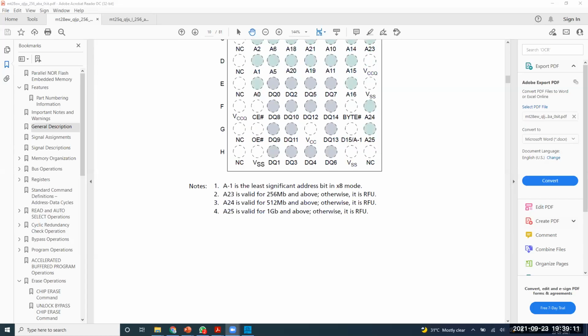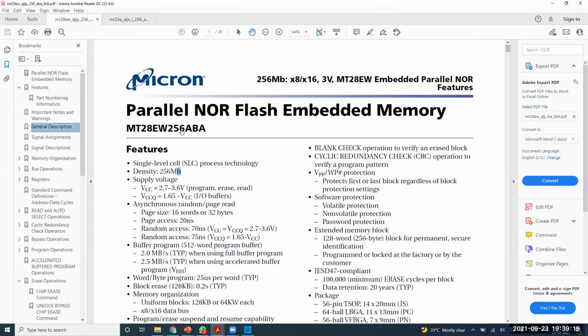In our data sheet, if you go to the first page, this size is 256 megabit. That means the size is 256 megabit. Why they have done megabit is you can use this flash as 8-bit or 16-bit.